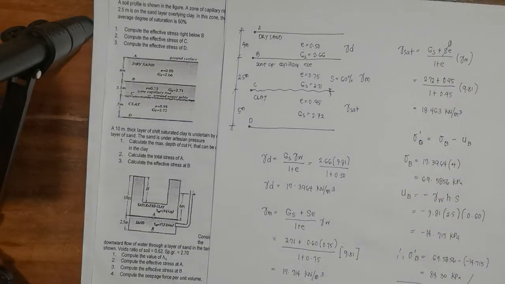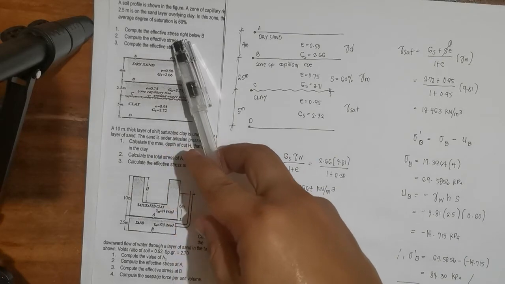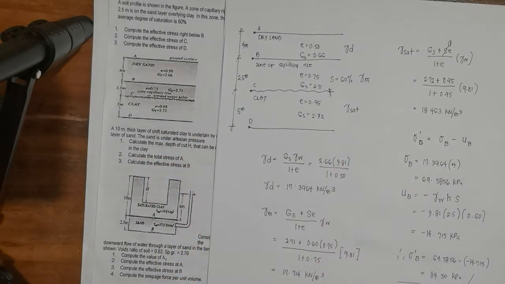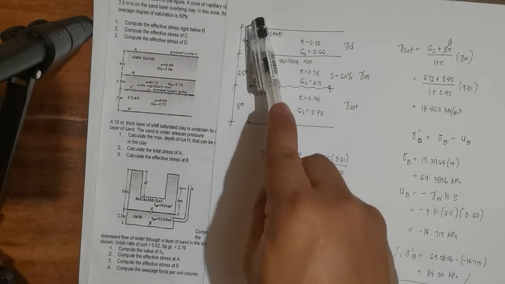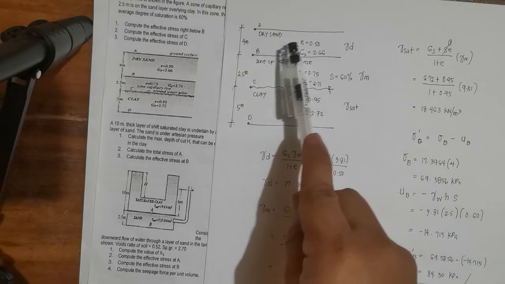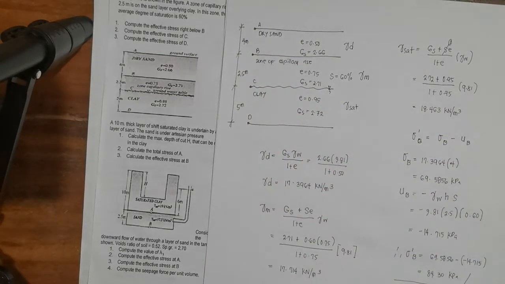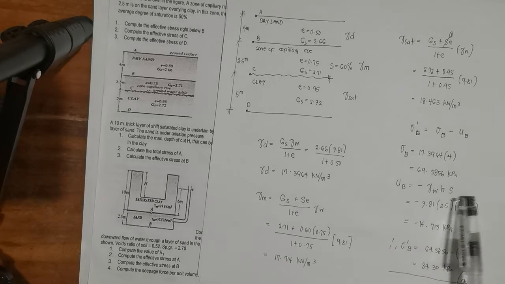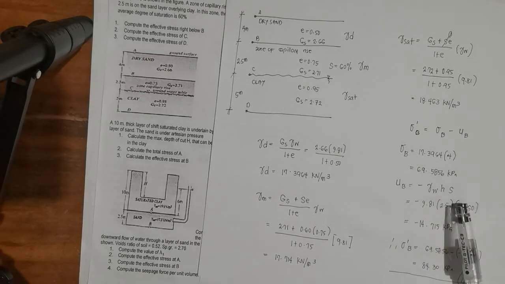Paano naman, this is dagdag lang na katanungan, paano naman pag sinabing effective stress or compute the effective stress right above point B? Pag sinabing right above point B, eto mismo yun. Ang kino-consider nun ay yung dry sand above point B. Ibig sabihin, yung formula natin ng water pressure ay hindi yung formula ng water pressure for the capillary rise. Yung as is lang.